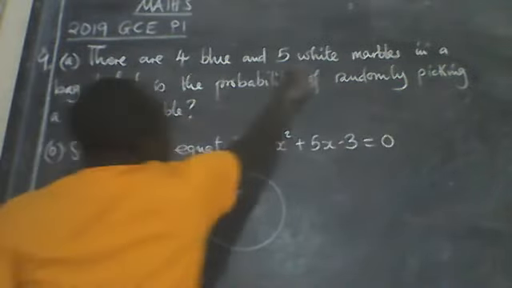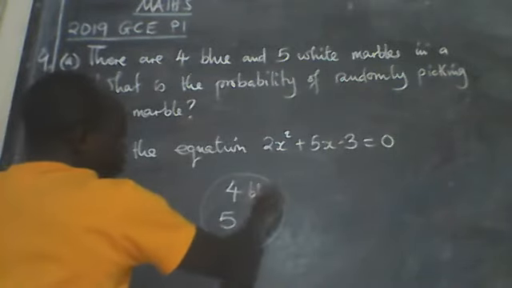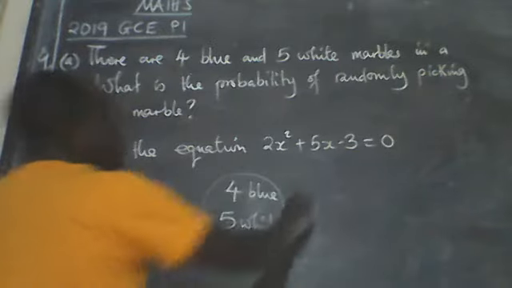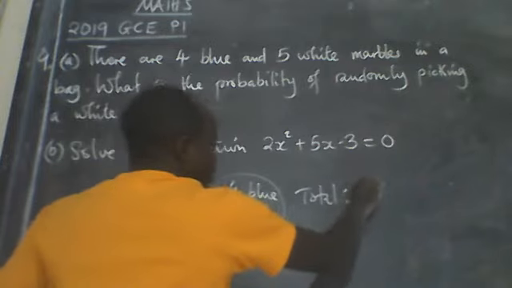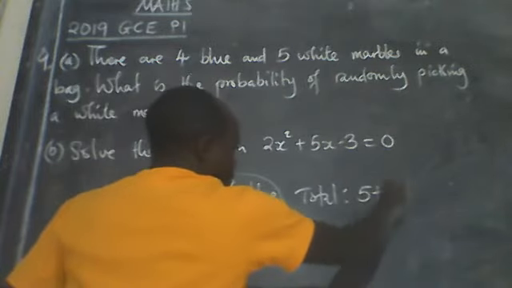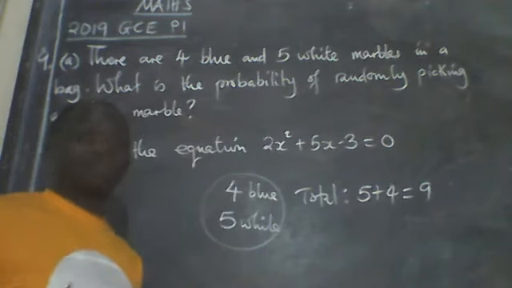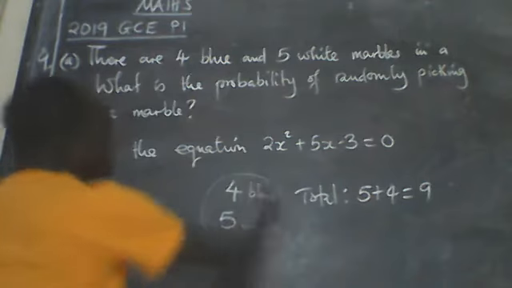We also have 5 white. So in total, we are talking about 5 plus 4. It's 9. That is the total number of marbles in here.